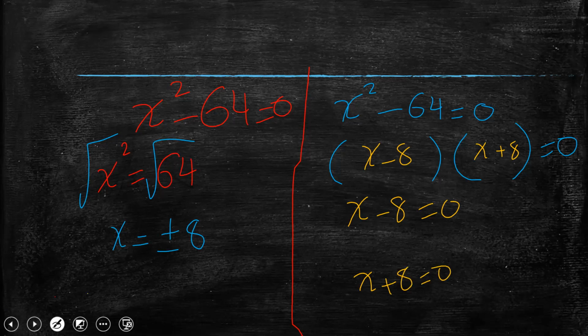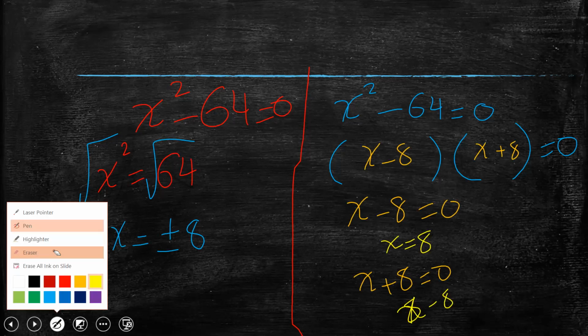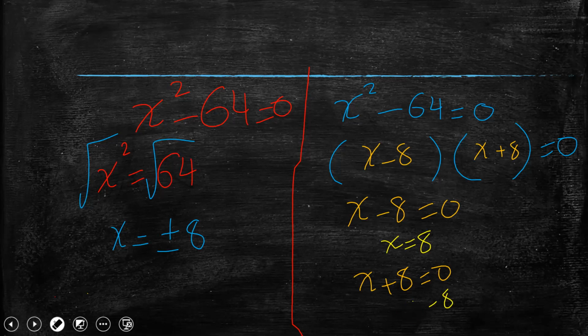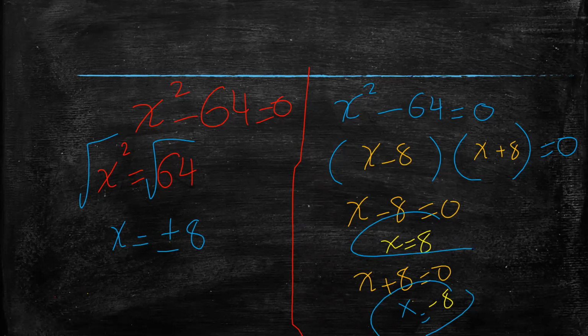So what are the values of x? Positive 8 and negative 8. That's another reason why you have to use positive and negative 8, because if you solve it by factoring, you must get two answers, positive 8 and negative 8. This is the difference of two squares method, exactly.